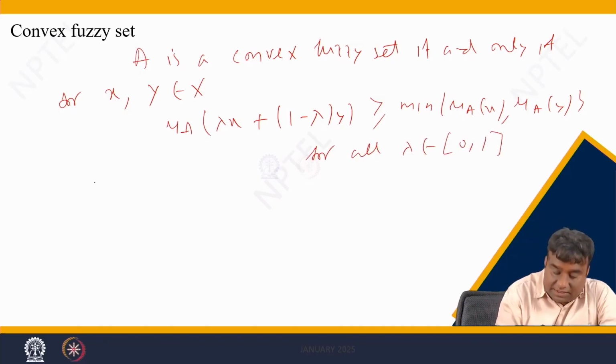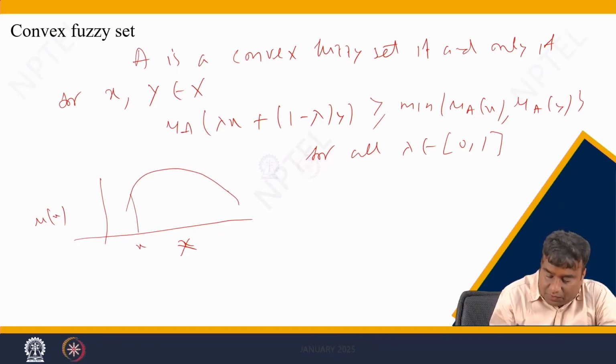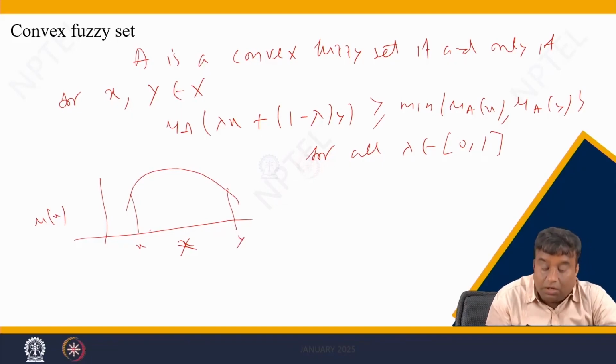Graphically, this is the thing. Suppose this is the universe X, and that is mu x. So you can write like this is the fuzzy set. Take any point x, any point y. So lambda x plus 1 minus lambda y should lie between them. So this value will be greater than the minimum of these two. So this is a convex fuzzy set.